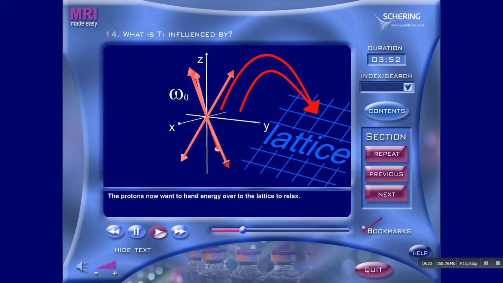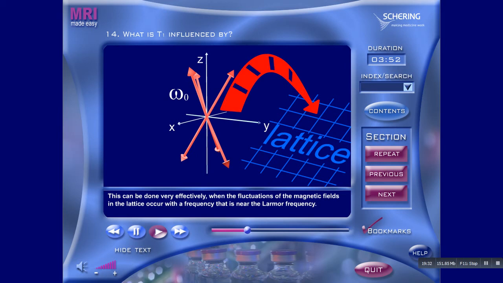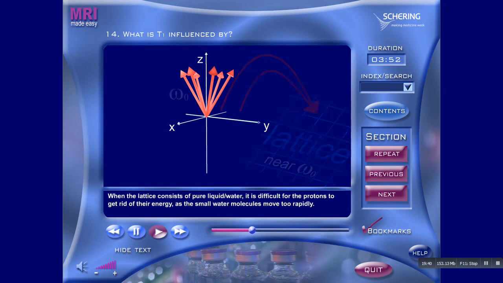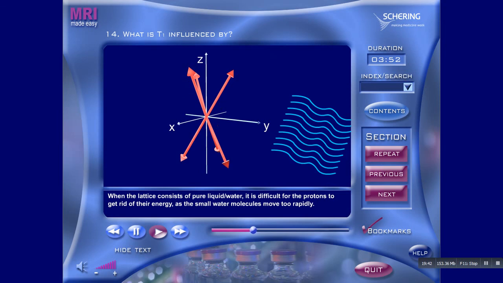This can be done very effectively when the fluctuations of the magnetic fields in the lattice occur with a frequency that is near the Larmor frequency. When the lattice consists of pure liquid, water, it is difficult for the protons to get rid of their energy, as the small water molecules move too rapidly.